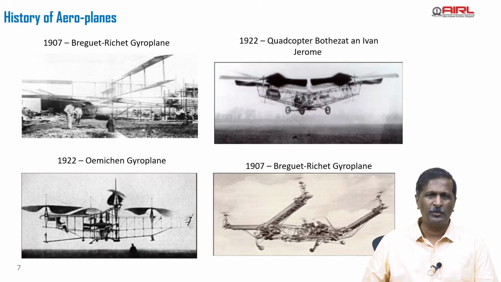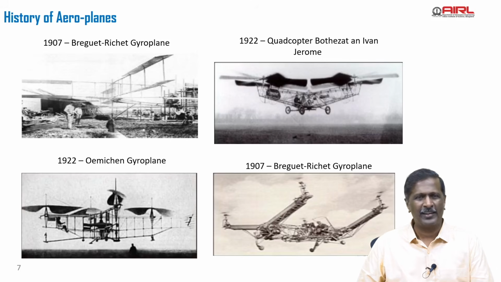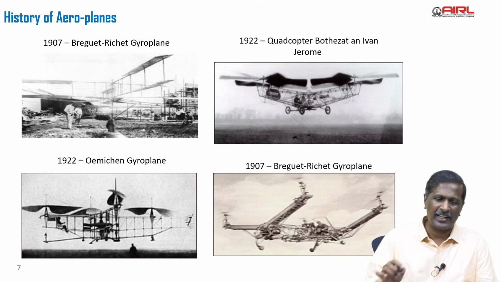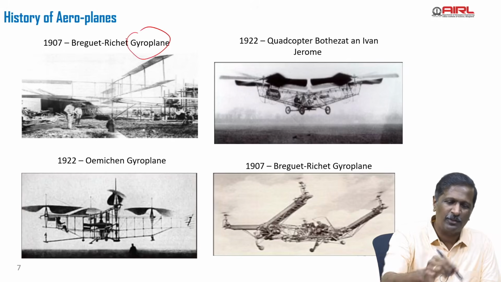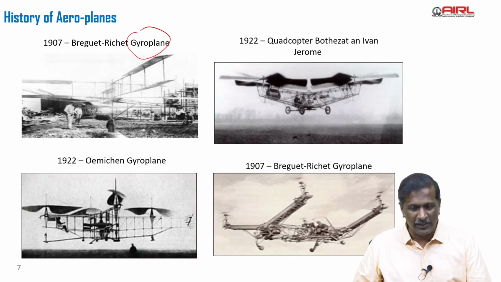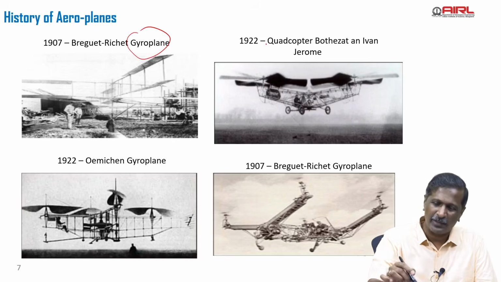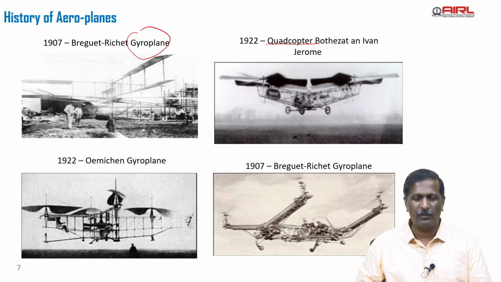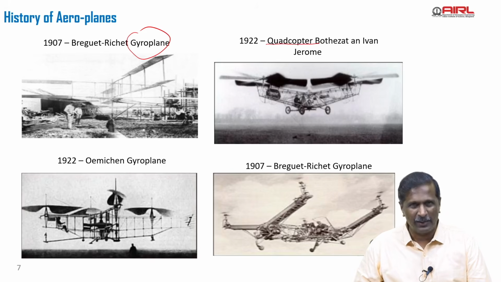Now, let's look at the history of drones. History of aeroplanes, I'll just put it, and then I'll start bringing you to the drone level. So in 1907, the first aircraft we have is the gyroplane, for you to understand. And then in 1922, the quadcopter came into the picture. It has 4 propellers, and those propellers help the vehicle to take off.